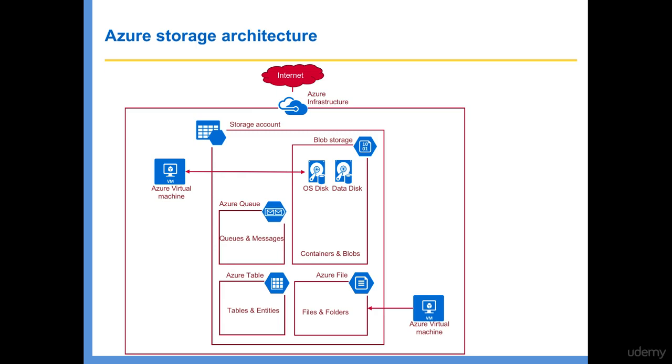This is one important point you need to remember. Whenever you create an Azure virtual machine, the disks associated with that virtual machine will be stored in a storage account, in particular within the blob storage as page blobs. In the blob storage lecture, I'm going to explain this in detail.